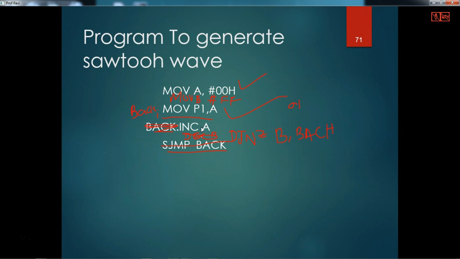Then again increment A, it becomes 02, decrement B, and if not 0 go back. Like that it will increment up to FF, and each value goes to port 1 and is converted into the equivalent voltage by the D2A converter.